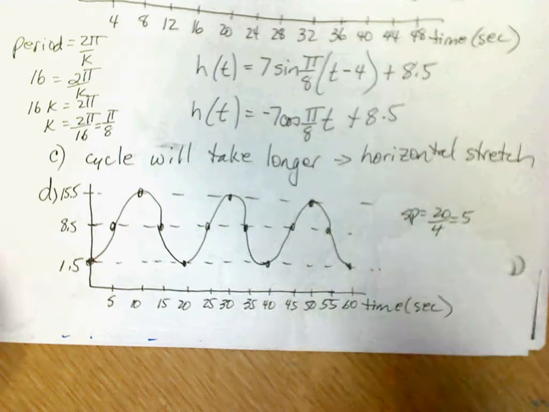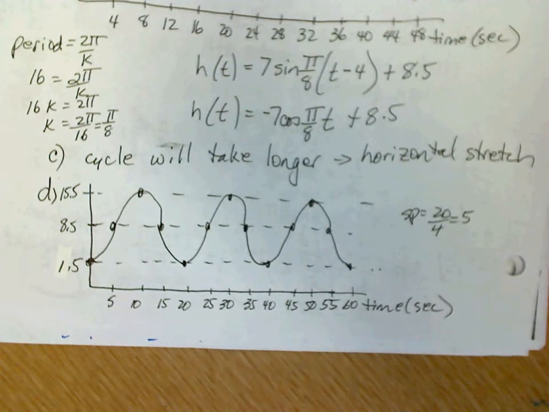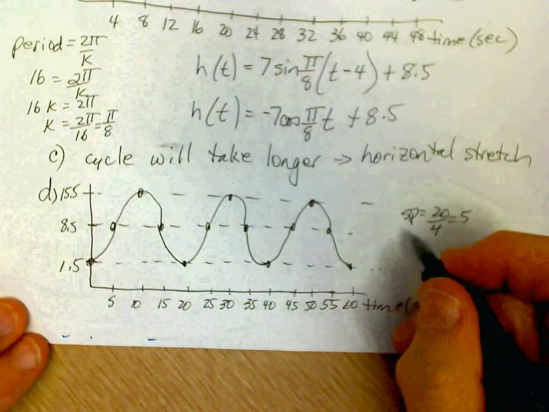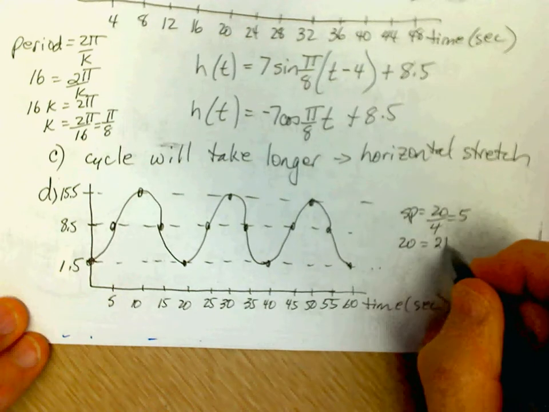We have to calculate k to get our equation. So period equals 2 pi over k. k equals 2 pi over 20. That's pi by 10.